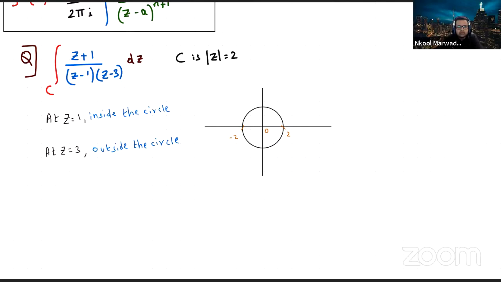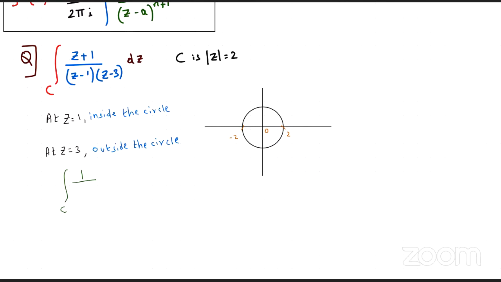So the integration of 1 upon z minus 3 dz will be 0.